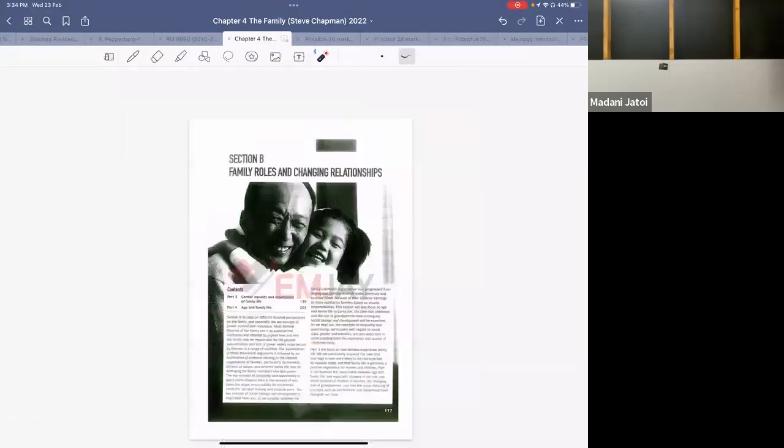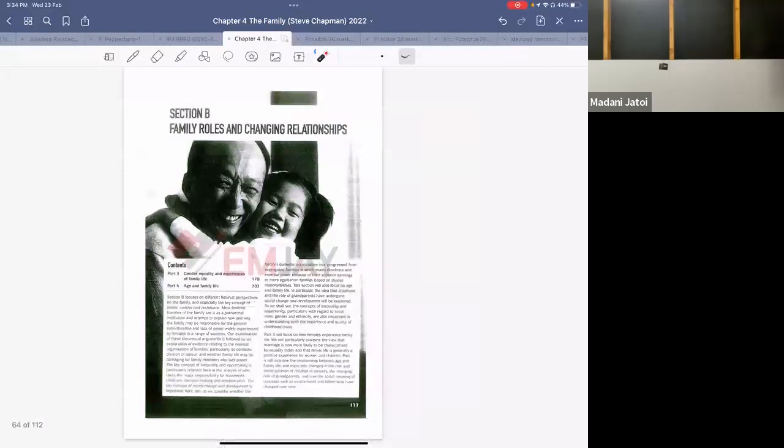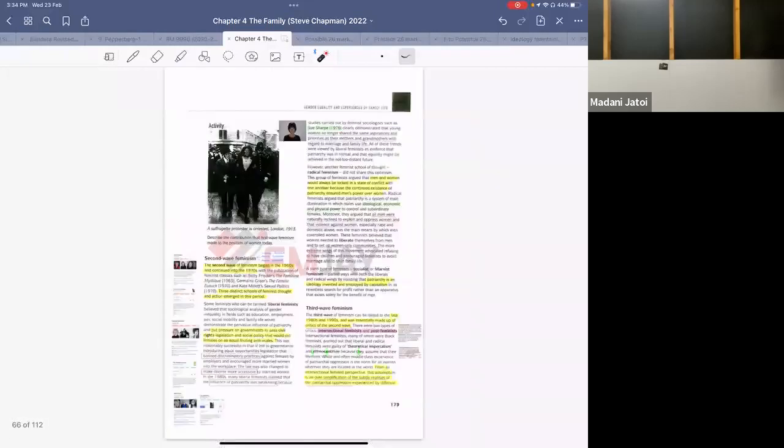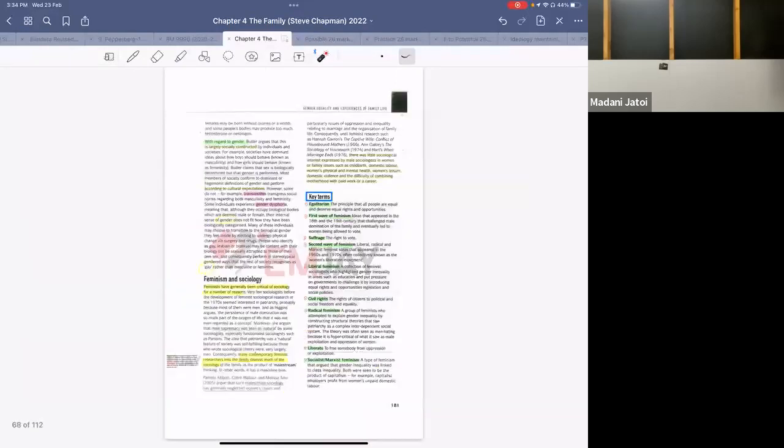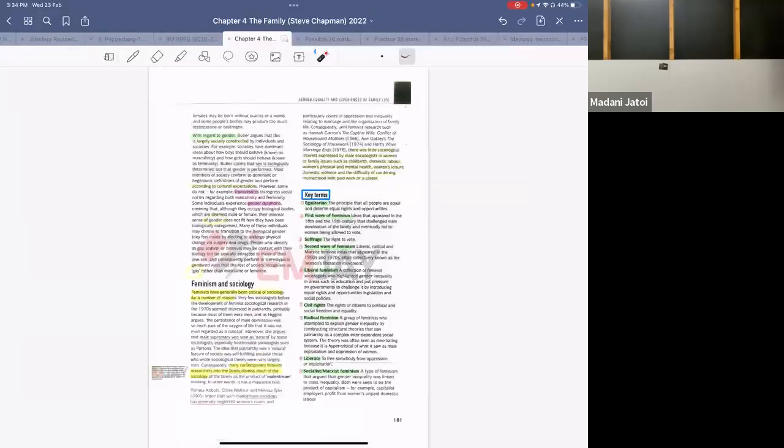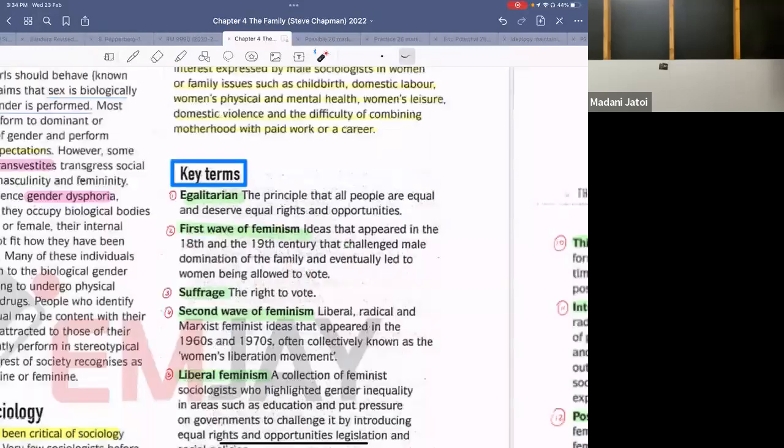Feminism, sectional feminism, post-feminism, theoretical imperialism, ethnocentrism, power feminism, ladettes and girl power, fourth wave of feminism, digital feminism, misogyny, toxic masculinity, feminist phobia, and that's it.